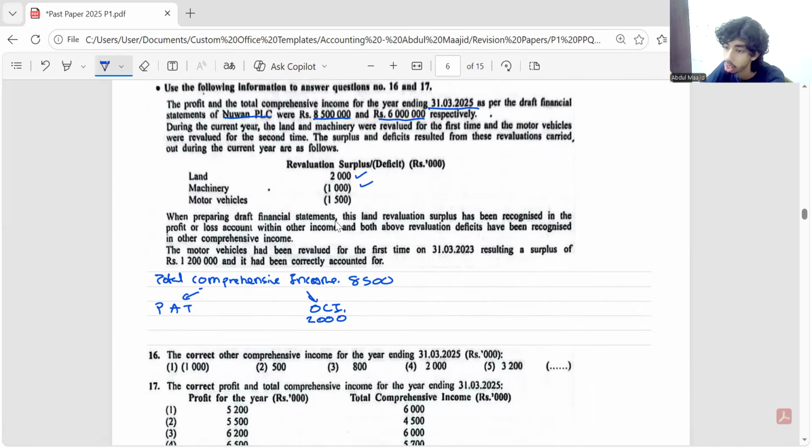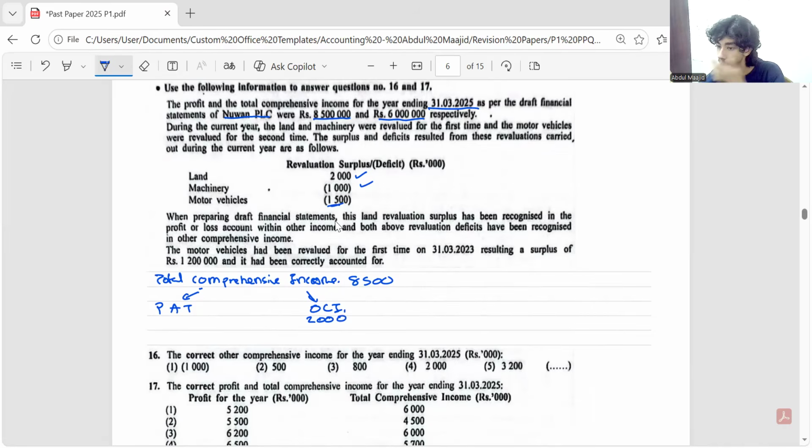When motor vehicle second time, then we need to know what happened in the first time. We'll see. When preparing draft financial statement, this land revaluation surplus has been recognized in the profit or loss account within other income, and both above revaluation deficit have been recognized in other comprehensive income.